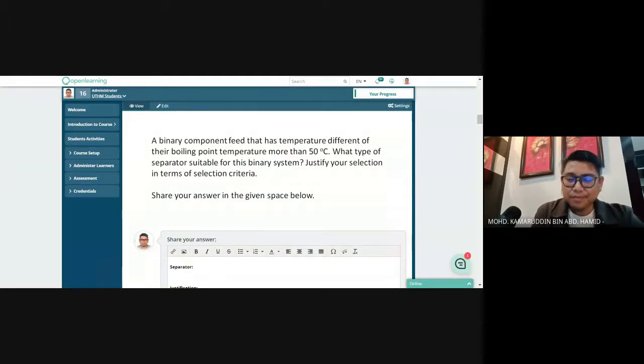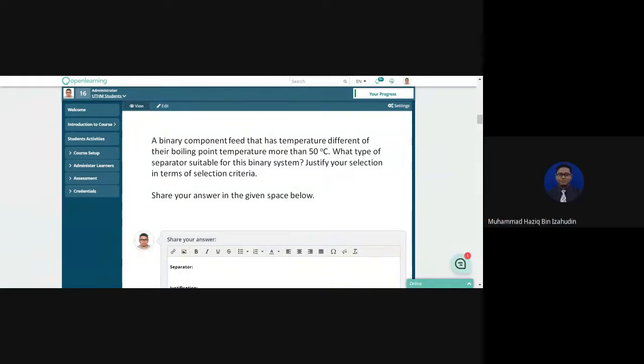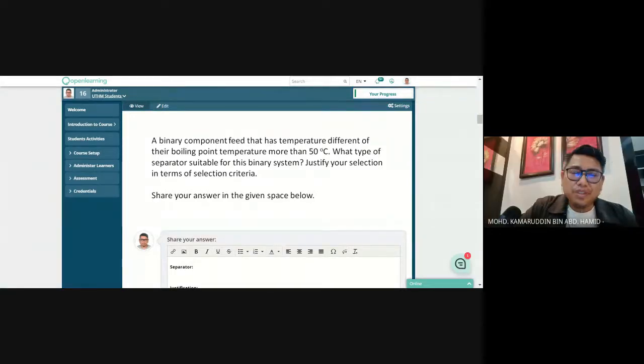Any idea? Isotropic. Close boil, usually with extractive. Not isotropic. When we are talking about close boil, the answer is extractive distillation column.